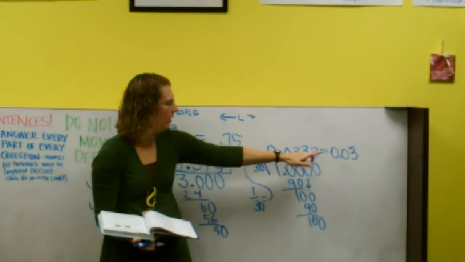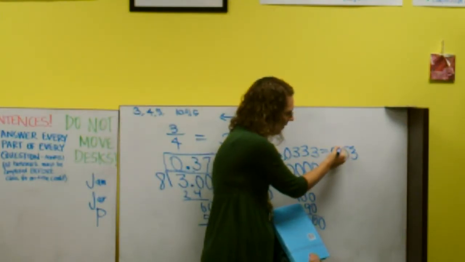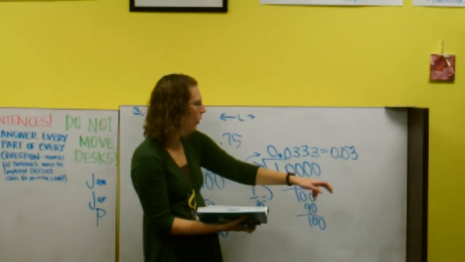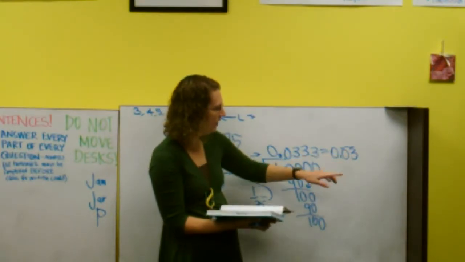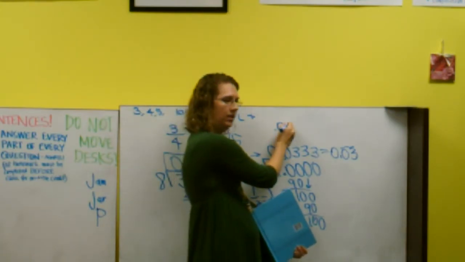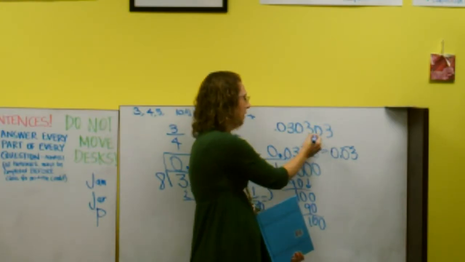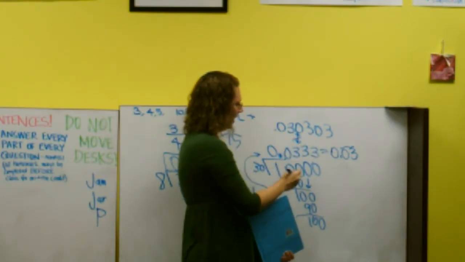Make sure that you do not let this repeating bar wander over above that 0. What would that mean? If the repeating bar was over the 0, and I were to expand it, Jamaica? 03, exactly. But that does not look the same as that, right?